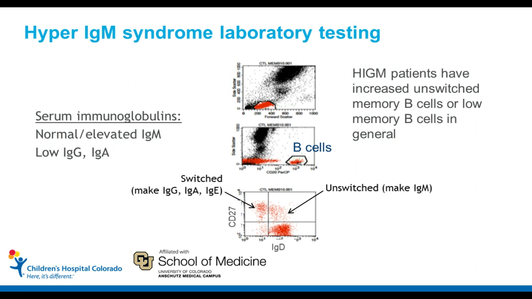So hyper-IgM patients have increased unswitched memory B cells that are making IgM, or in general, they may just have low memory B cells. So again, a very simple flow assay using a small amount of blood can tell us whether these memory populations are present in adequate percentages or not.